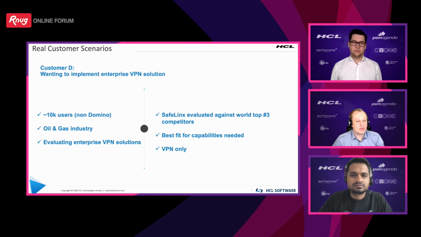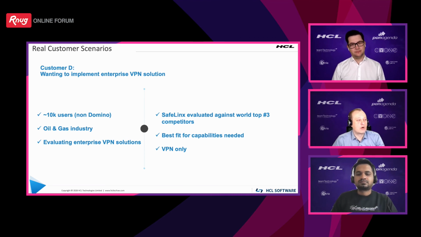So they were focusing on which product would best fit their actual needs. HCL Safelinx was evaluated against the well-known, well-established competitors in the market, and the customer chose Safelinx simply because it provided the best functionality for the lowest cost and for the easiest deployment options. So it really points out that it is a very interesting product that many of you should be looking at.